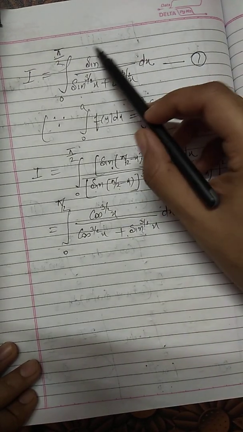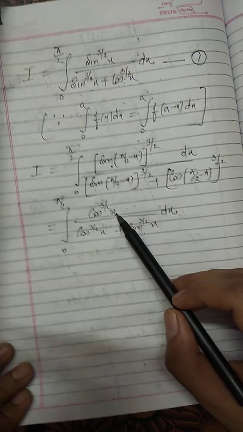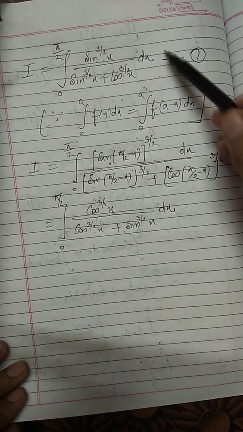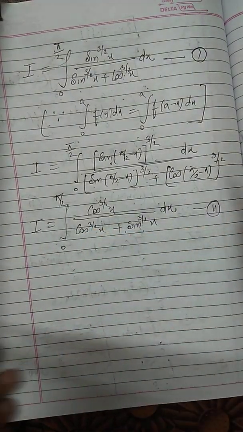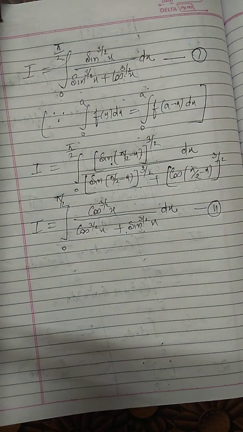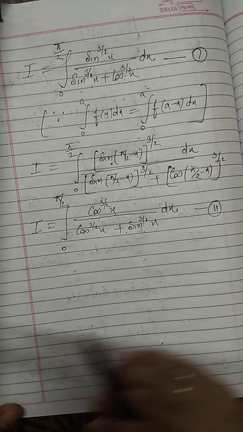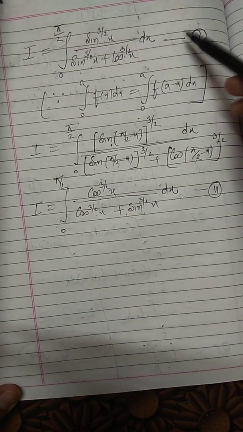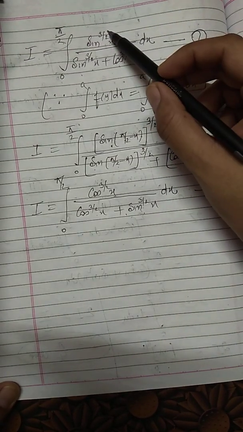In the numerator, the given was sine raised to power 3 by 2 x, and after the application of the property we are getting cos. So if I mark this integral as 2 and add 1 and 2, after changing the function based on our trigonometry, the same denominator is there, but the numerators will get added.